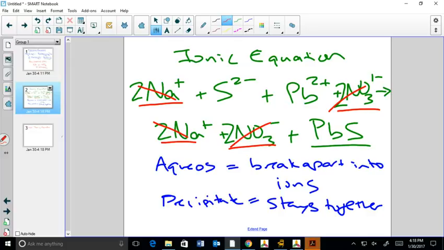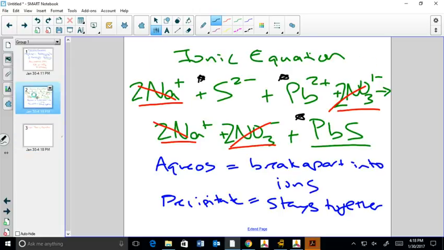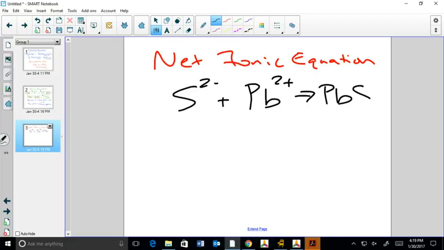So therefore, all I have left is my sulfur, my lead, and my lead sulfide. So in my net ionic equation, I simply write those pieces that are left. My S2 minus plus my Pb2 plus produces PbS. This is my net ionic equation.